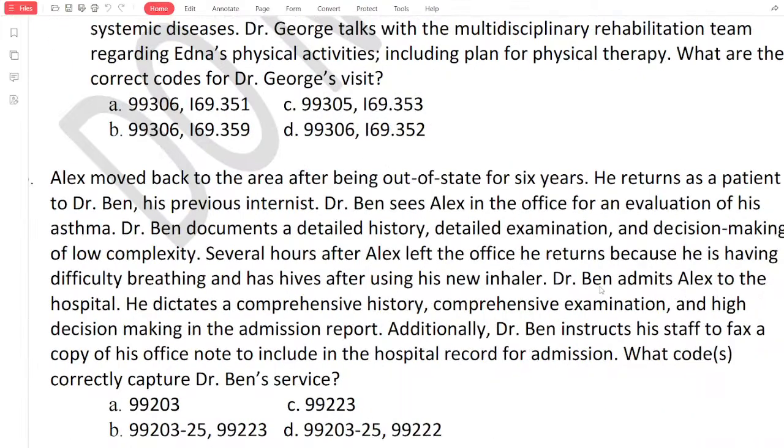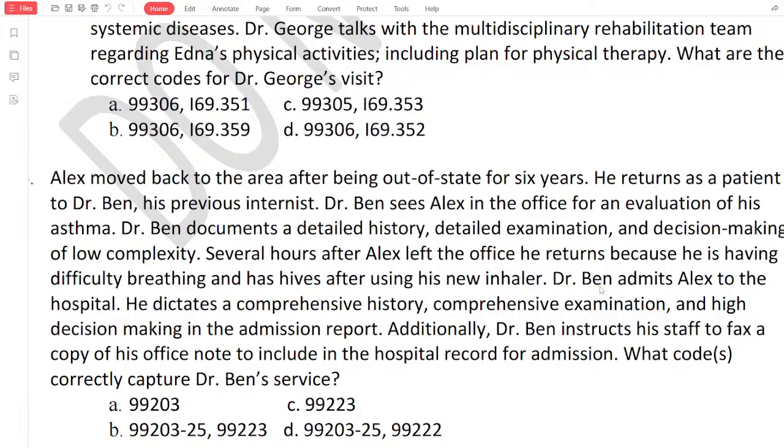Next is 66. Alex moved back to the area after being out of state for 6 years. He returned as a patient to Dr. Ben, his previous internist. Dr. Ben sees Alex in the office for an evaluation of his asthma. Dr. Ben documents a detailed history, detailed examination, and decision making of low complexity.